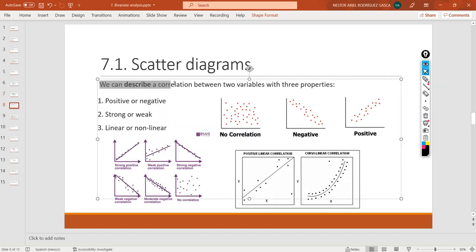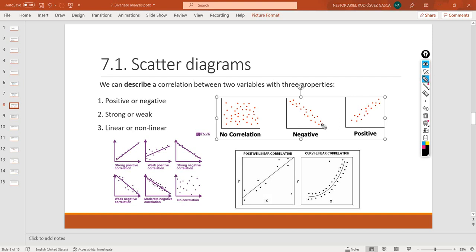We can describe a correlation between two variables with three properties: positive or negative, strong or weak, and linear or nonlinear. Positive or negative. Look at this image. In here we have negative correlation for this scatter diagram, and for this other scatter diagram we have positive correlation. So how can I understand the difference between negative and positive correlation?